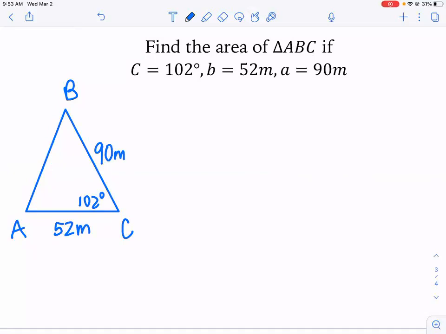Okay. So do we know side, angle, side? Because we have two sides and the angle is in between our two sides.